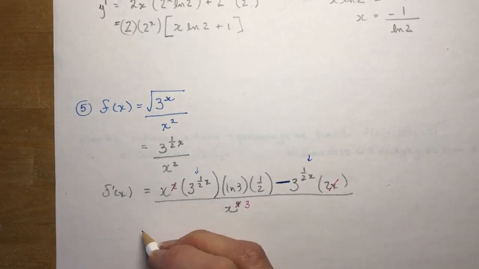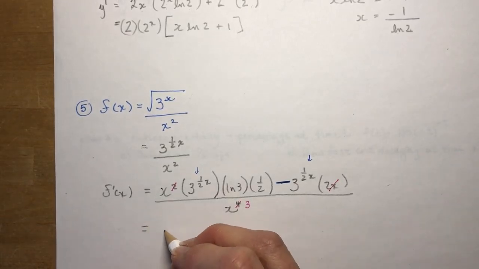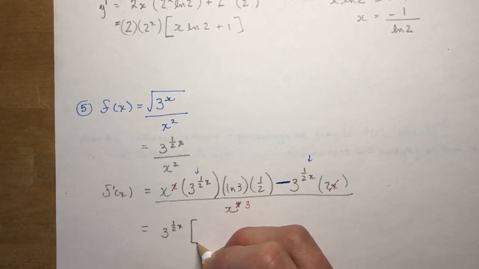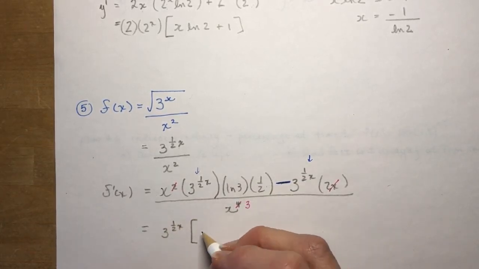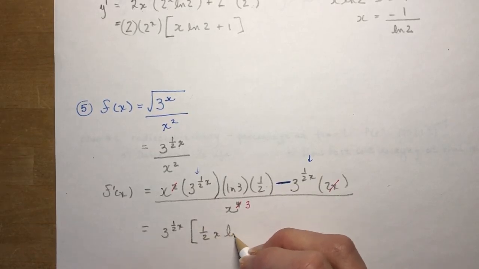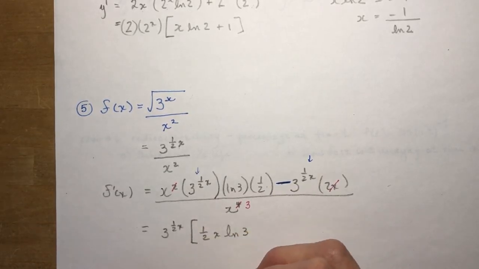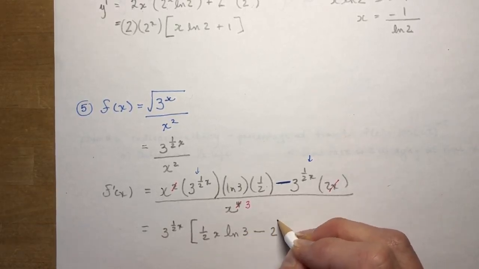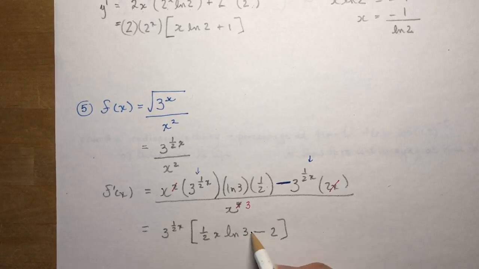So I'm going to take out 3 to the 1/2 x. And what am I left with? I have a half, 1/2 x ln 3 minus 2.